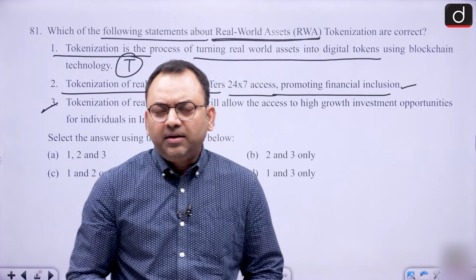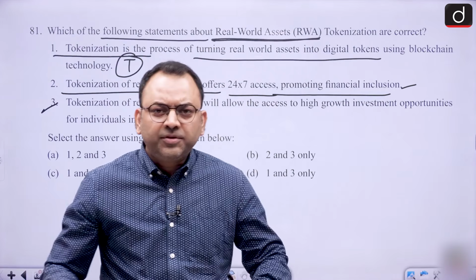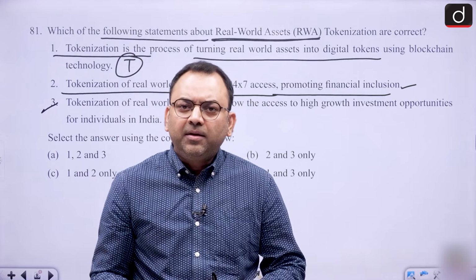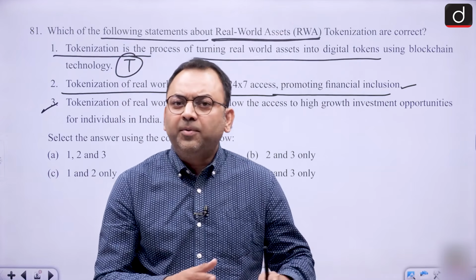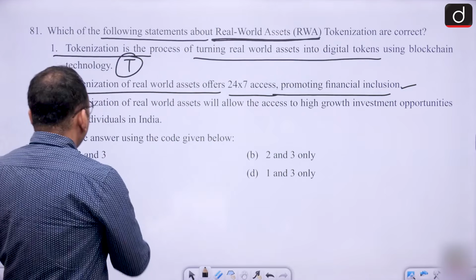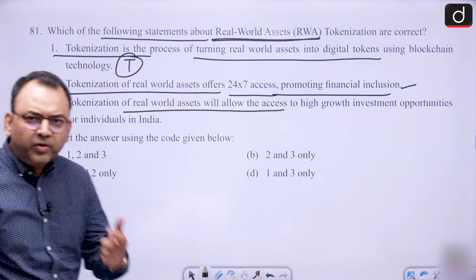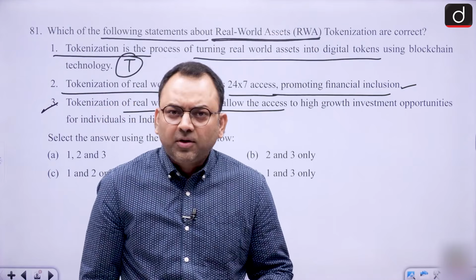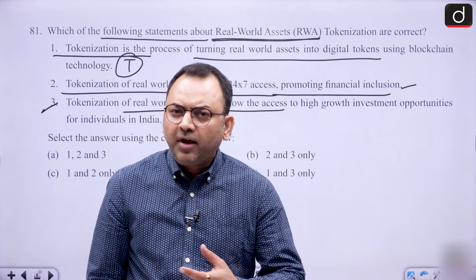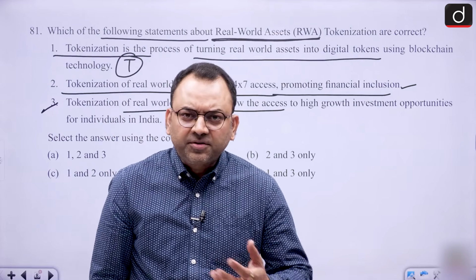Now the third point, friends: suppose there is a foreign property, a foreign antique, or any foreign instrument, and the tokens are available on the internet through apps. So Indians can buy the tokens and invest in various other forms which were not earlier possible. This will allow access to high growth investment opportunities. You usually invest in stocks or fixed deposits, which have limited return options, say 8%, 10%, 12%.